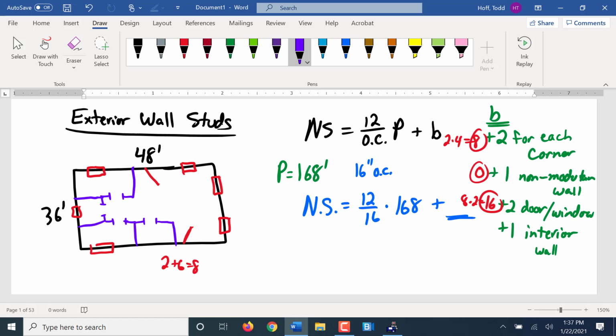How many interior walls do we have intersecting the exterior walls? How many spots? 5. Right there. So that'll be 5 times 1 is 5. So how many total do we have to add there? There we go. Get all of them together. 8, 16, and 5 is 29. That's correct. So that's plus 29.